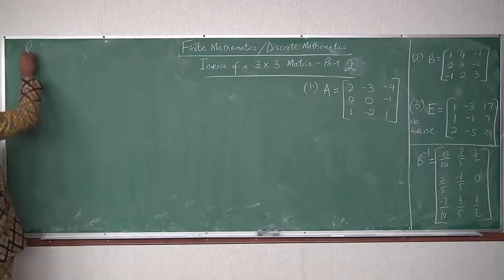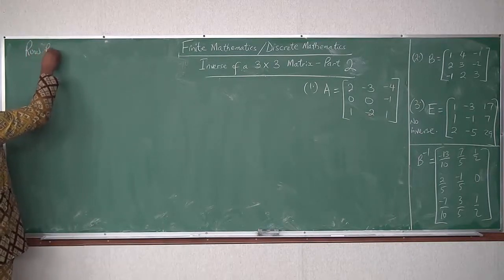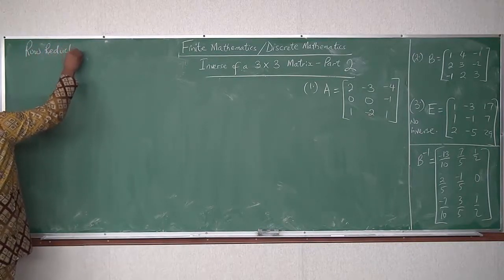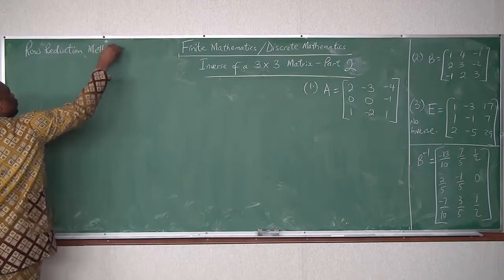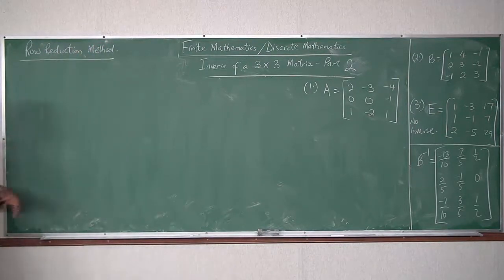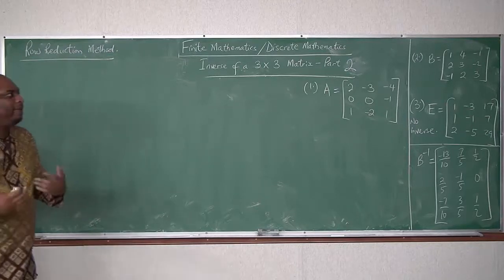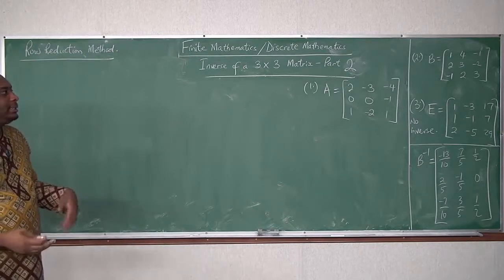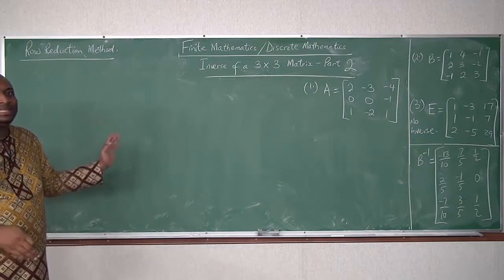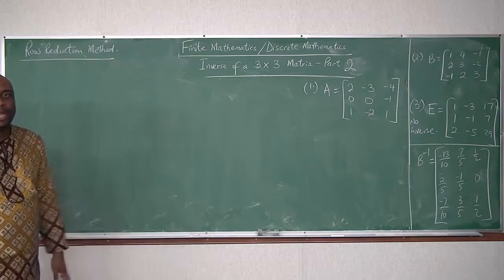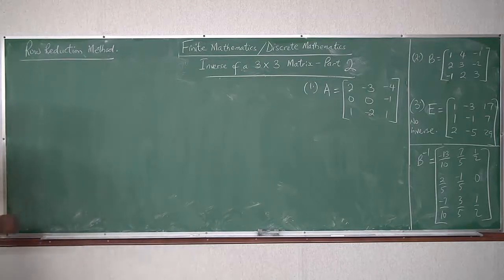Row reduction method, in using it to find the inverse. We talked about this extensively in inverse of a 2x2 matrix, part 2, so we shall now apply it right away to find that of the 3x3 matrix.